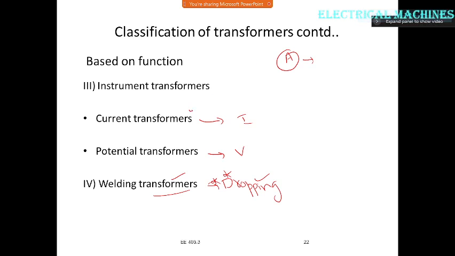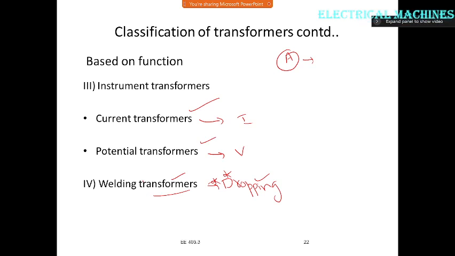So in AC we use the current transformer for measuring, which measures the current in the line, and the potential transformer measures the voltage, the potential difference between two lines. That is the main reason.